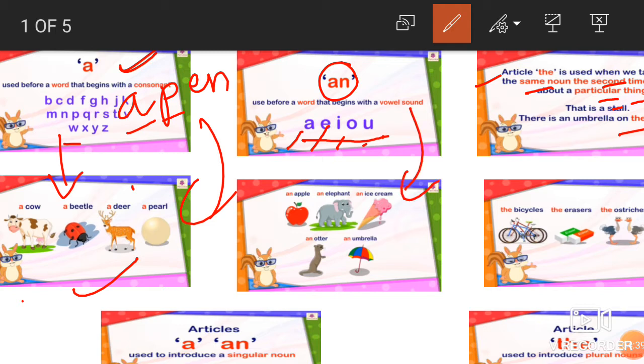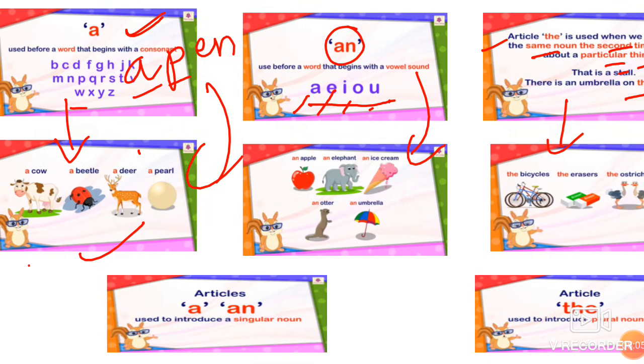For an, A-E-I-O-U: an apple, an elephant, an ice cream, an otter, an umbrella. Now the examples of the: the bicycle. The also goes with plurals, children: the bicycles, the erasers, the ostrich.